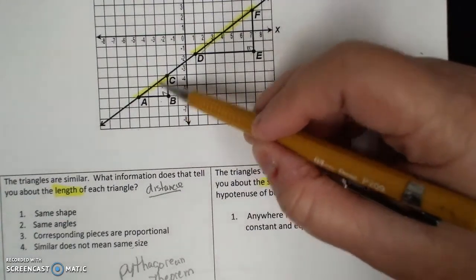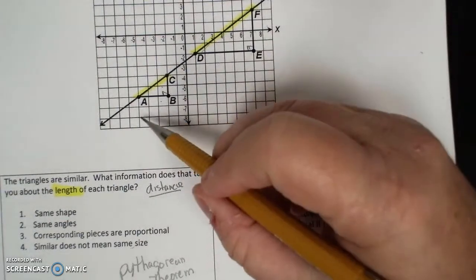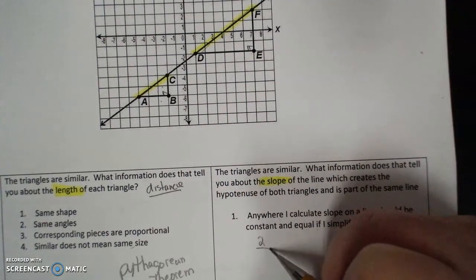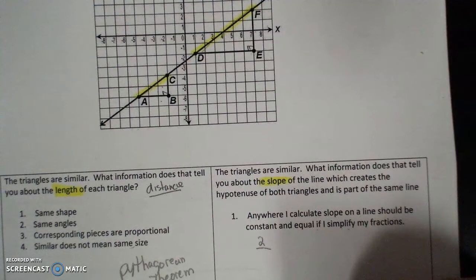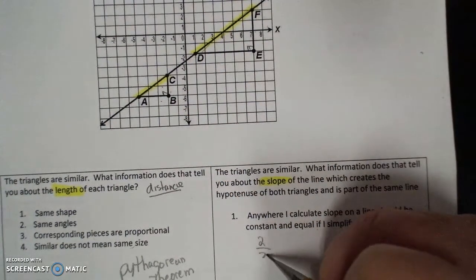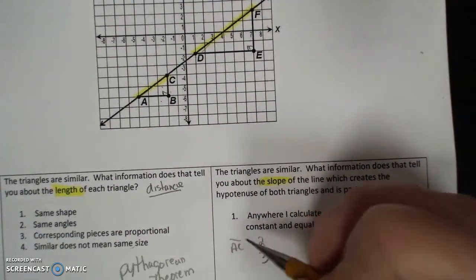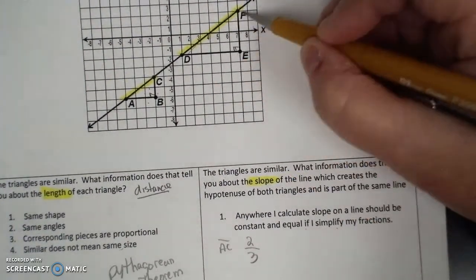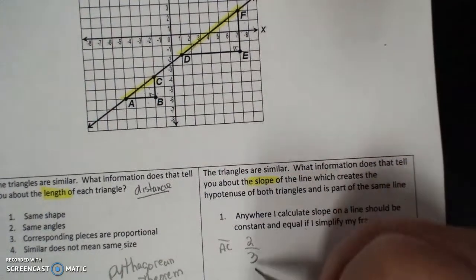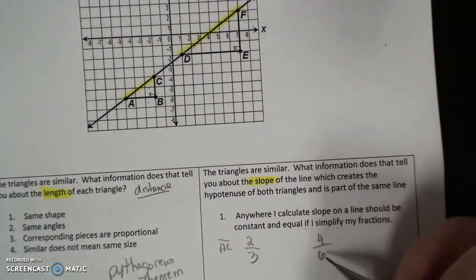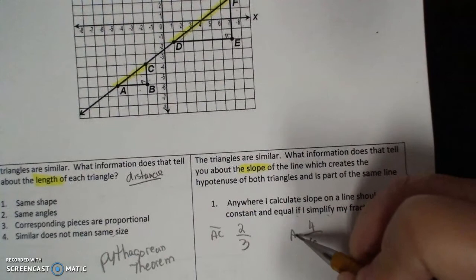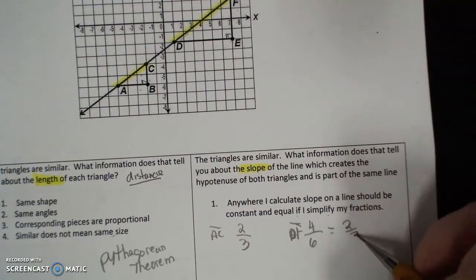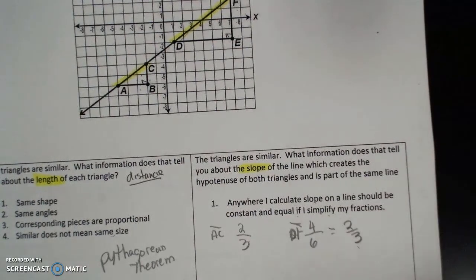So if I calculated the slope between A and C, it's up 2, right 3, that's AC. And the slope of DF is up 4, right 6, that's DF, and that is simplified to 2/3, and that's the same.